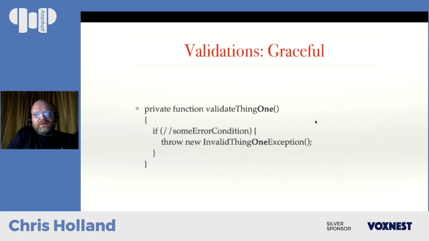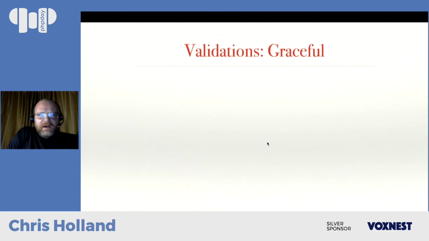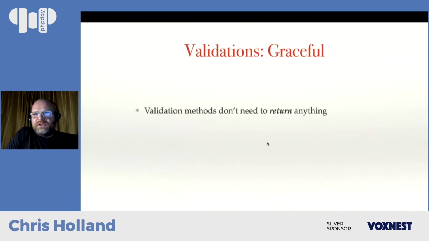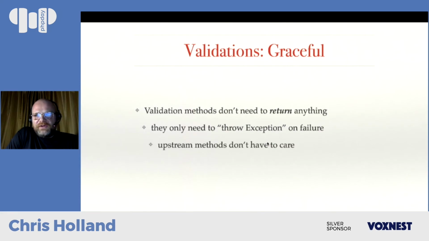That's a valid exception. Here's validate thing2, same thing. It could throw an invalid thing2 exception, same thing for thing3. That's the nice thing: those validation methods don't need to return anything, and they only need to throw an exception on failure. So upstream methods don't have to care, and the code has far less nesting.